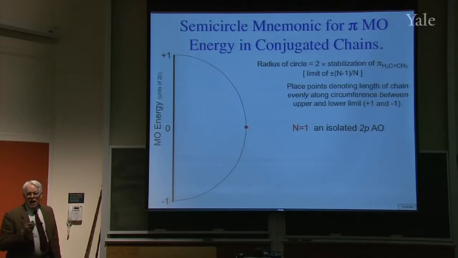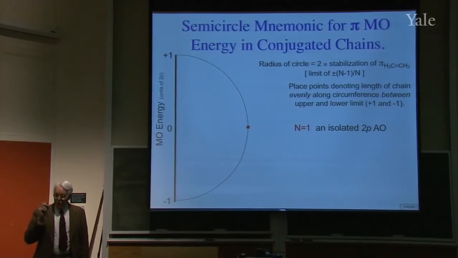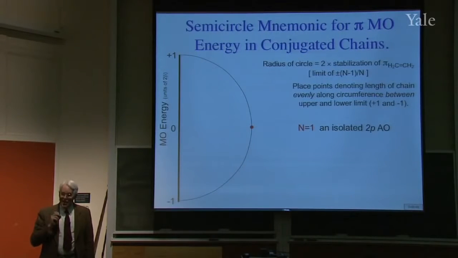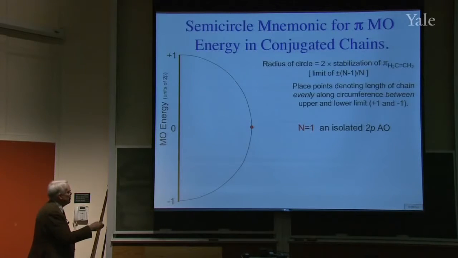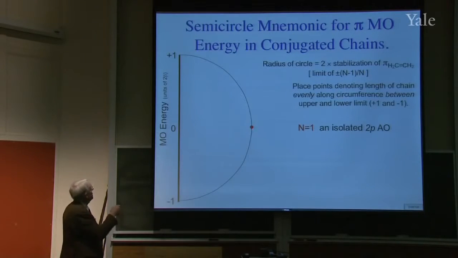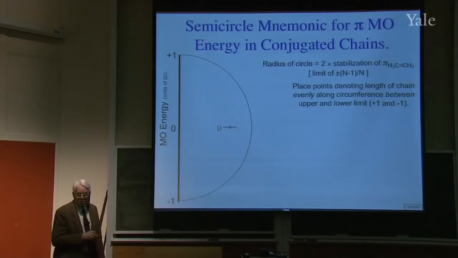It turns out that the height of the intersection of those points is the energy of the various orbitals you can have. So if you have just one p orbital, you put it here, equidistant between top and bottom, and it has the energy 0, right? So that's the energy of an isolated p orbital.